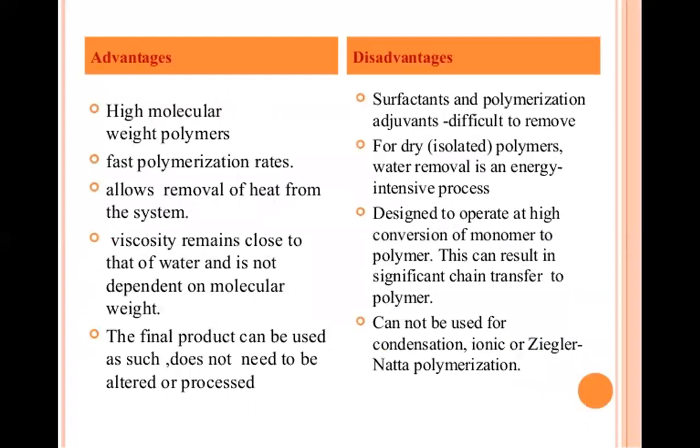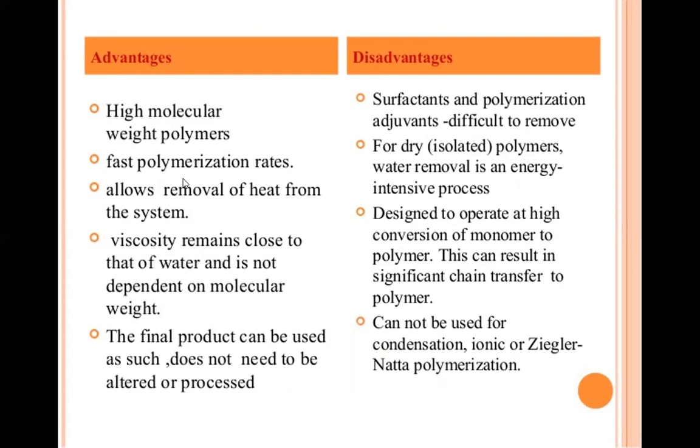Coming to the advantages of emulsion polymerization, micelle formation in the emulsion polymerization gives a high molecular weight polymer, because all the hydrophilic ends and hydrophobic tails are aggregated to form a large molecule having high molecular weight, and the polymerization takes place very fast.